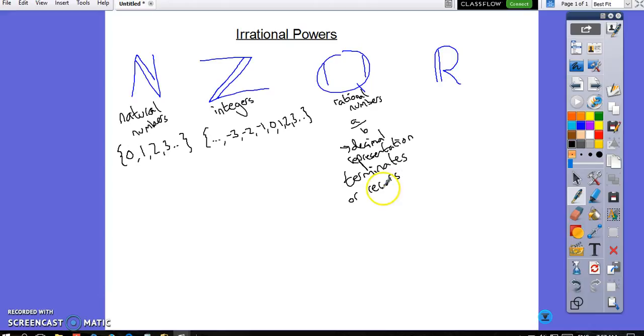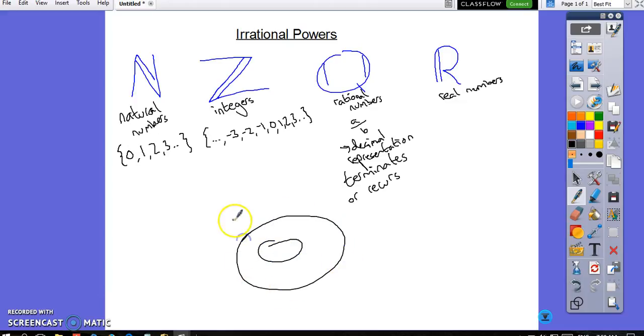So if you have a number like 0.3 recurring, you know that that can be expressed as a fraction, or if the decimal stops, then that can be expressed as a fraction. And then we have all of our real numbers, which is any number that you can think of, which includes the irrational numbers.